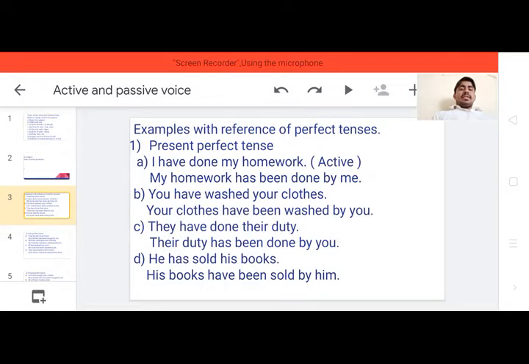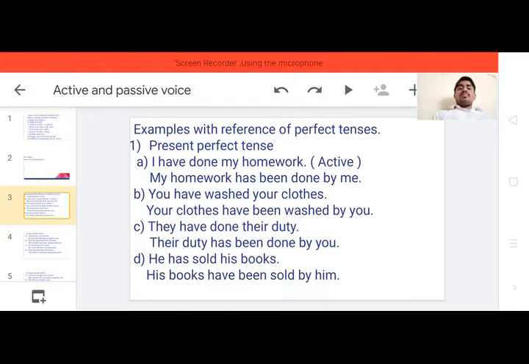Example: I have done my homework. It is an active sentence. So what was our first rule? If you have learned those rules, the first rule was that we will put the object in the place of the subject. So what is the object in the sentence? My homework is the object. You will write my homework. So what is the second rule? Additional verb.